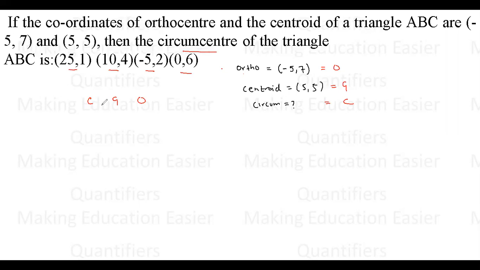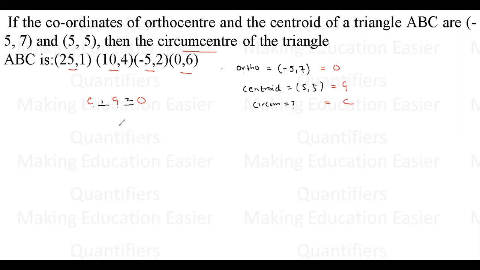That means अगर C और G के बीच में 1 part का distance है, तो G और O के बीच में 2 part का distance है. So you just need to remember that the distance between circumcenter and centroid is half of the distance between the centroid and the orthocenter. ये आपको पता होना चाहिए.